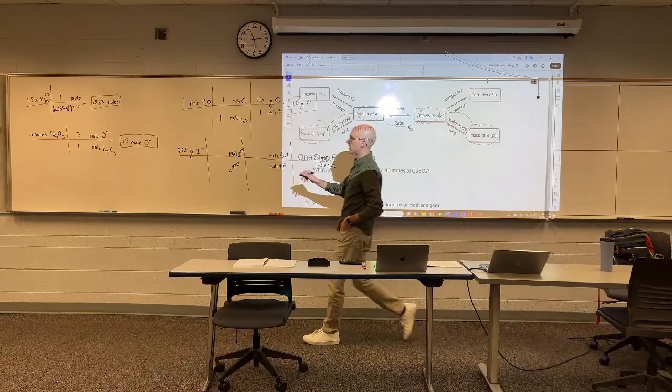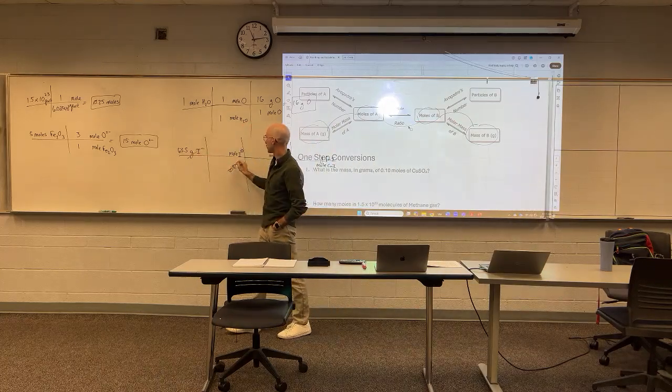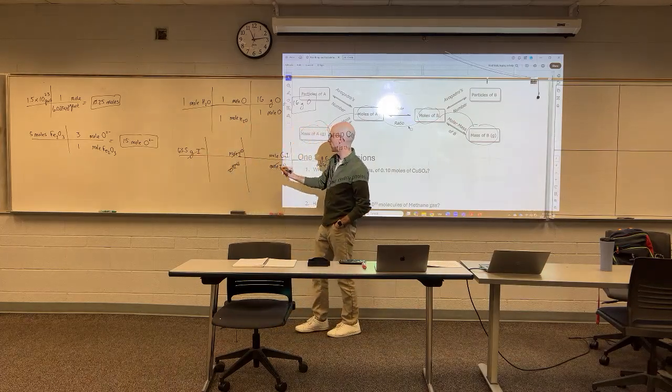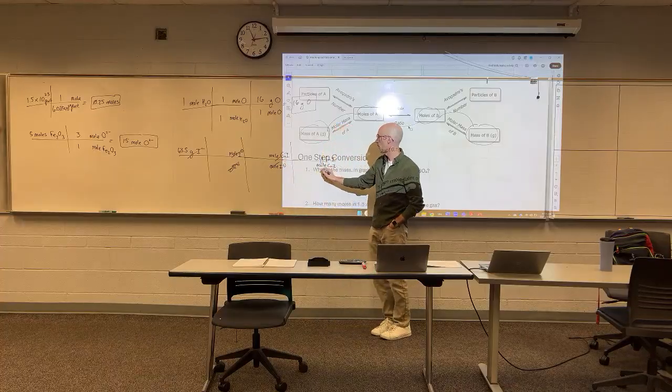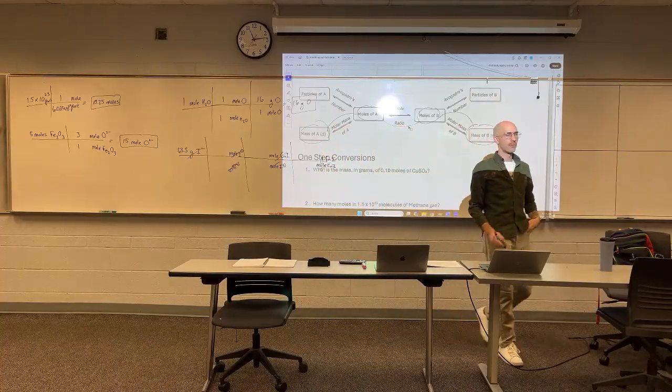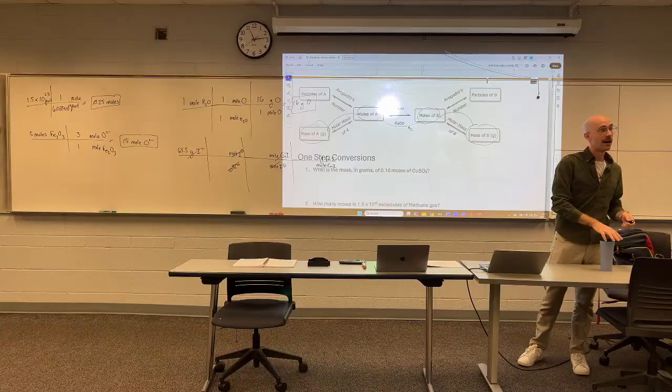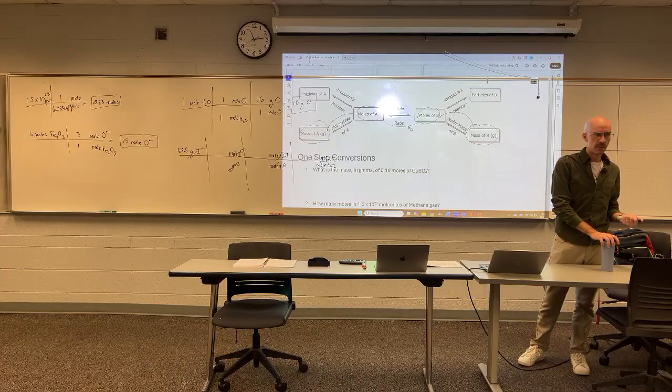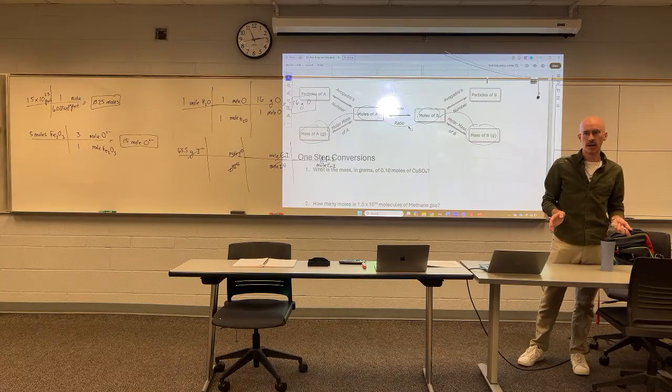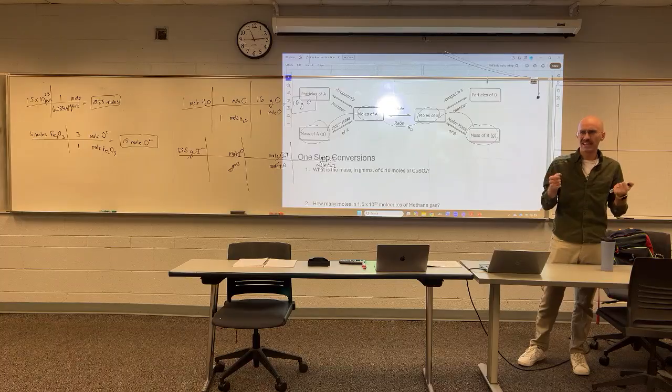Notice how my units cancel. Grams of iodide cancels with grams of iodide. Moles of iodide cancels with moles of iodide. Moles of copper 1 iodide cancels with moles of copper 1 iodide. Now, I can fill in the numbers. Why waste the time writing out all those numbers if you have an issue with your units? The units guide your conversions.